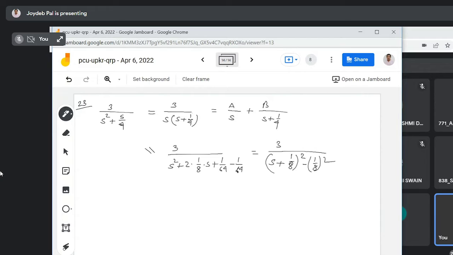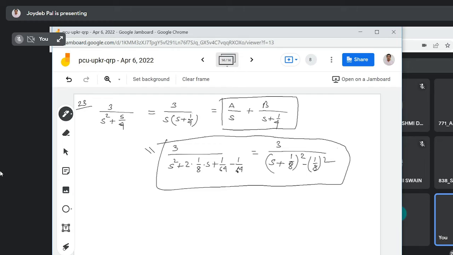Whenever we represent in whole square form, we should apply the s shifting theorem. So here is one case where we can do the inverse using s shifting. This is one case where we can do it directly. And another case: we are representing it as 3 by s into (s plus 1 by 4), and I am thinking of it as F(s) by s.